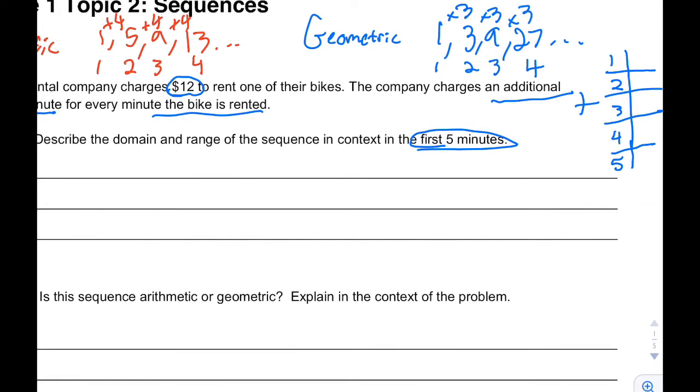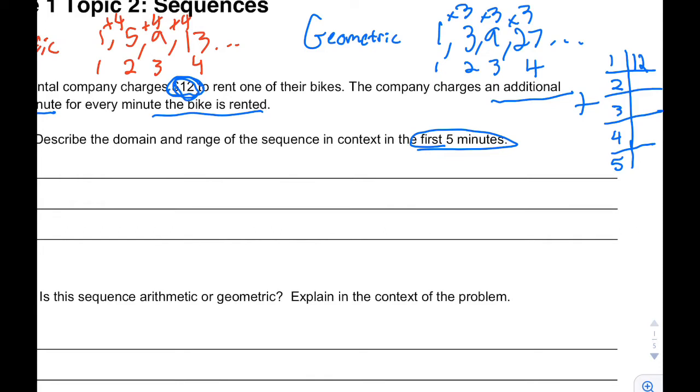Alright, so 1 minute. This is where many students will make the mistake of, they see that the company charges $12 and they'll want to put a 12 right here because they'll say, oh, well, don't you start off with 12? Now, while you're correct, it does charge $12 initially, but think about after the first minute.